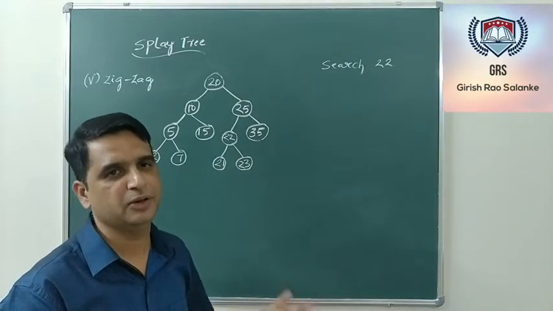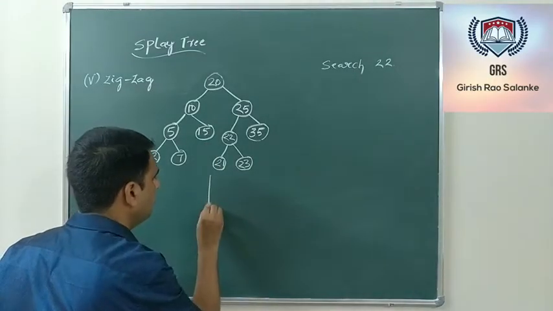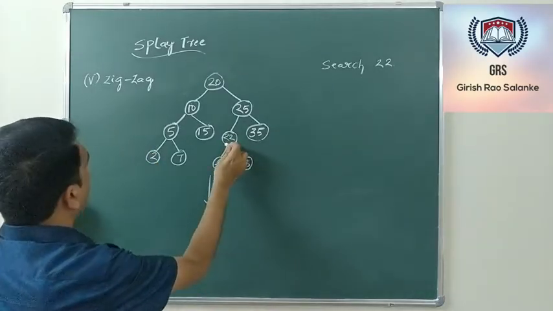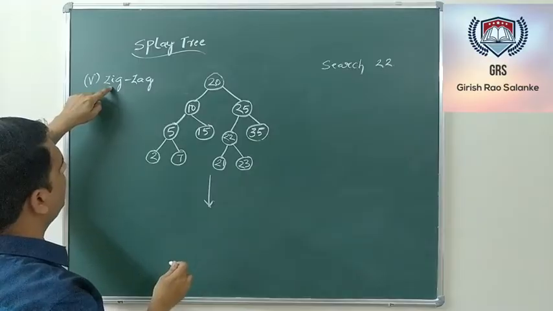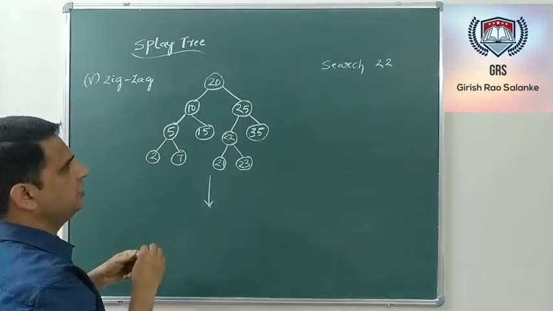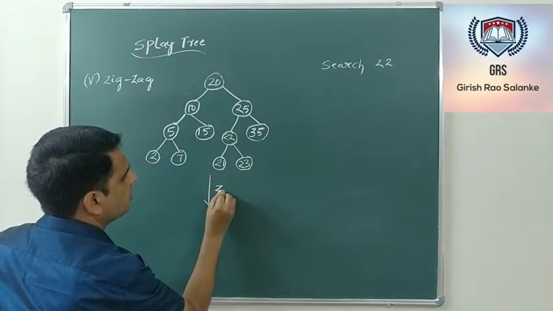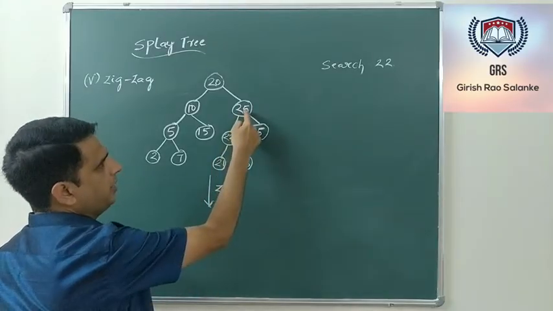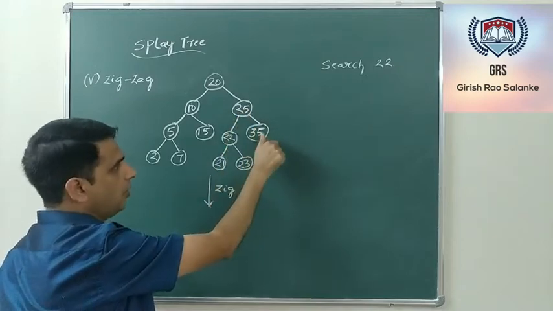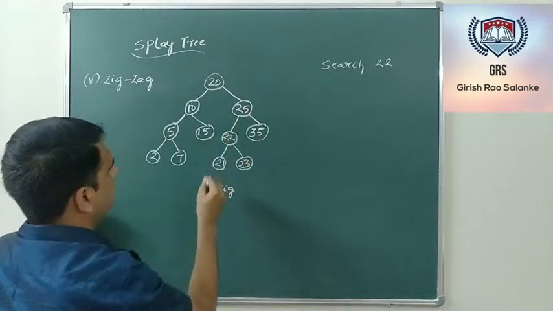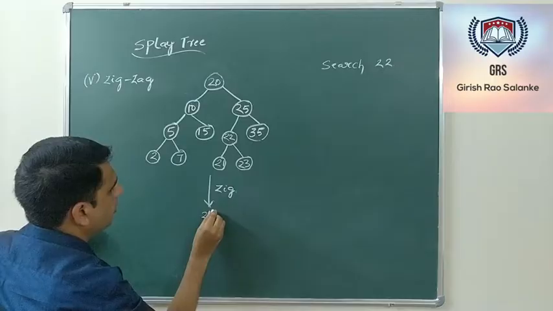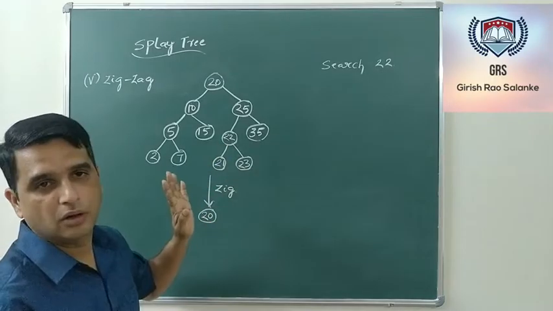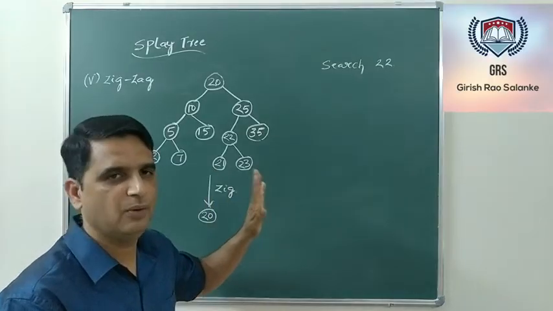Now after searching, I need to display. What you are supposed to do first is perform a zig operation. With 22's parent being 25, if you do a zig operation, 20. Now my objective is to make 22 the root node, because the recently accessed key was 22.